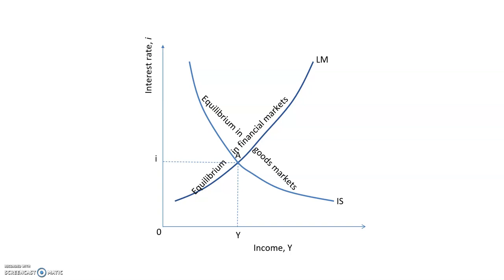Only at point A are both equilibrium conditions satisfied. That means point A with the associated level of output Y and interest rate i is the overall equilibrium, the point at which there is equilibrium in both the goods market and the financial market.